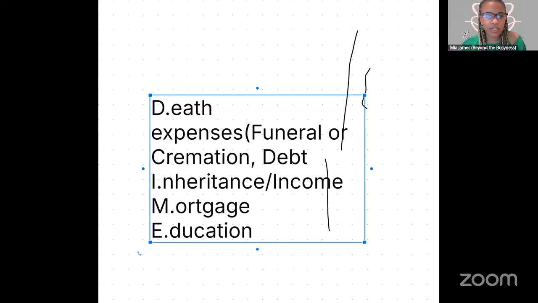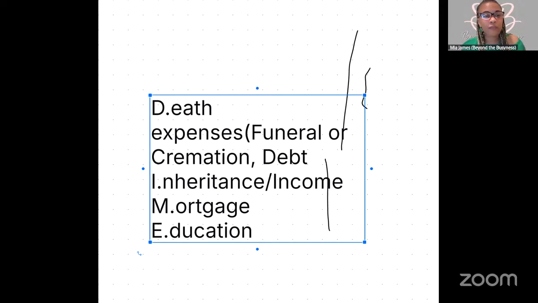The other thing is inheritance and income. So inheritance. Let's say you have two kids and you want to leave $250,000 to each of them. So if you have two kids, $250,000 each, right there, that's 500,000.